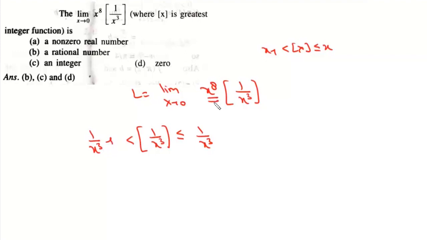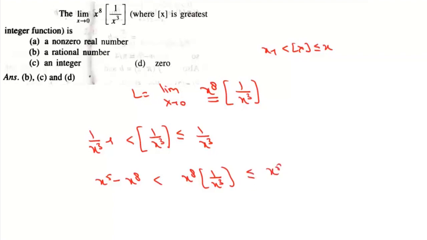Now we'll multiply it by x to the power 8. It will be greater than x to the power 5 minus x to the power 8, and less than or equal to x to the power 5.